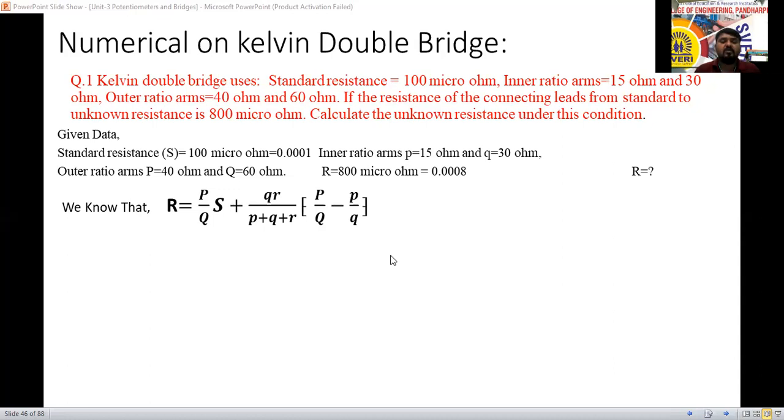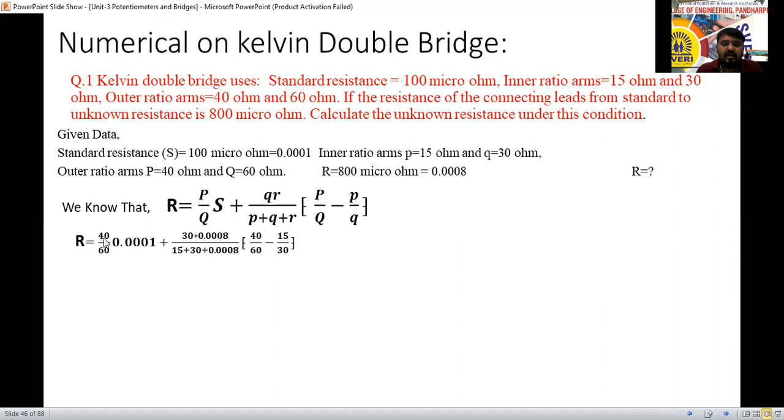Other people, you have to do the calculation as early as possible. Everything is ready here with the given data, and there is even no need to convert into the point form. Just substitute the values.